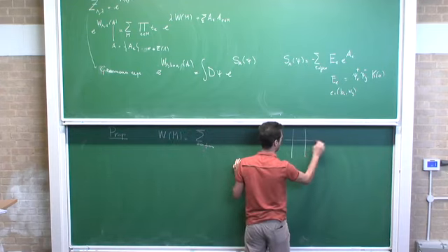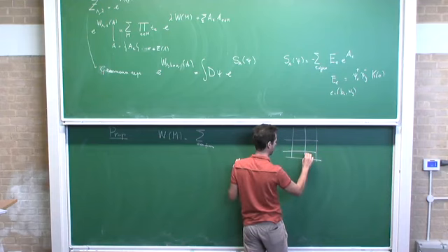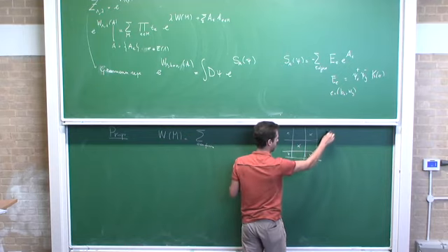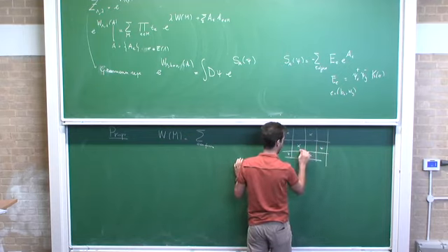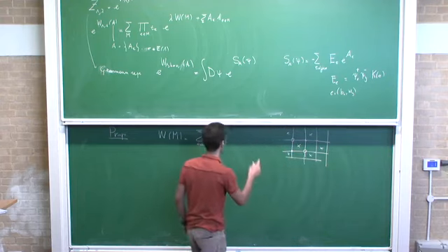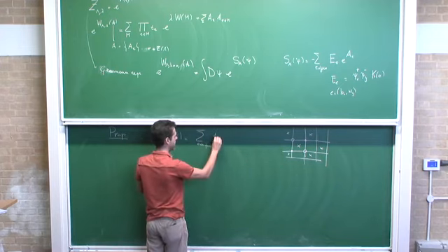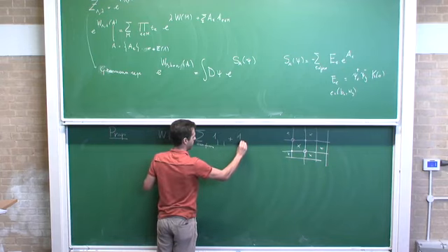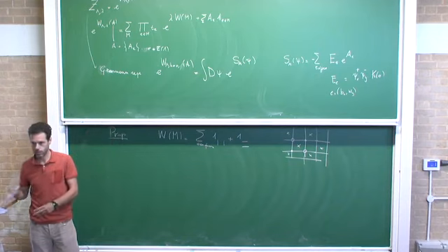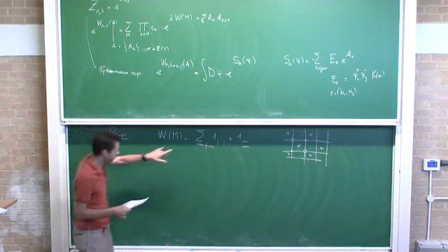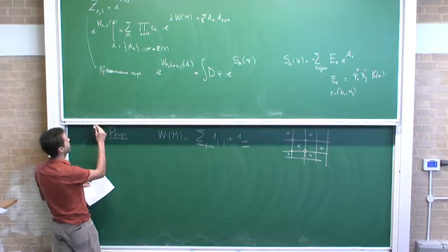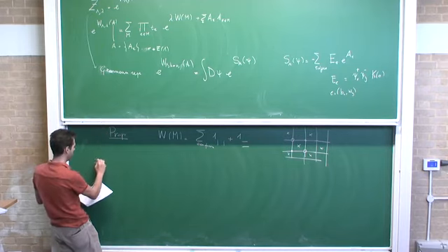Let me remind you that we have the Z2 lattice, and we decide that one of the two sublattices will be called the even sublattice, and the other one is the odd. It doesn't matter really which one. So we have a sum over these even faces of the indicator that you have two parallel dimers around this face.